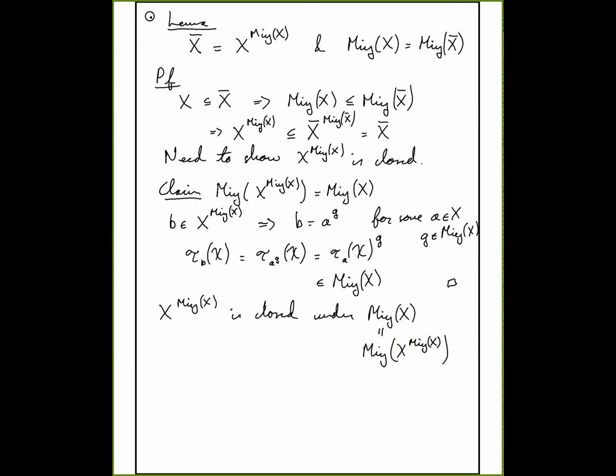But now this is it being closed under its own Miyamoto group. And so this implies that X, Miyamoto of X, is closed. And that is what I wanted to show. So this completes the proof of this lemma.